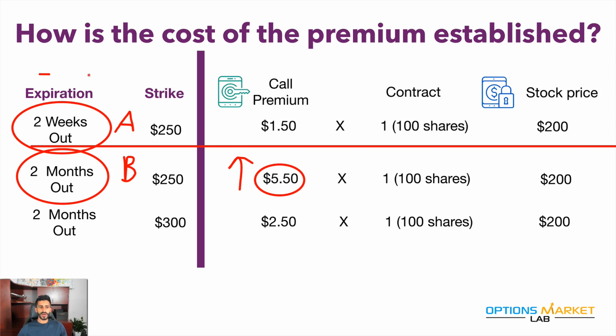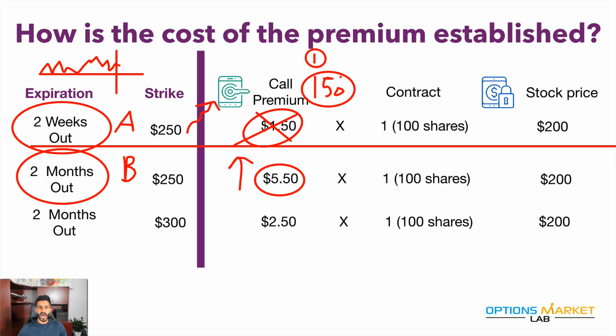If the 2 weeks come up and the stock doesn't move in my favor, I lose my full premium amount. So if my premium is $150 per contract and I have one contract, and in the next 2 weeks the stock doesn't go up or I don't exercise my contract, I lose the full $150.